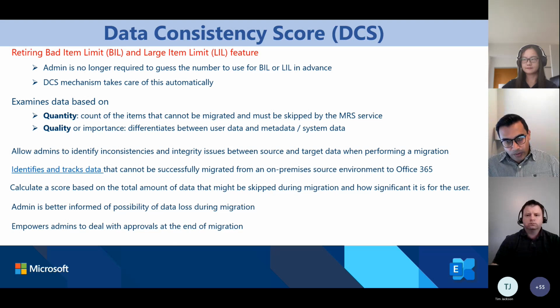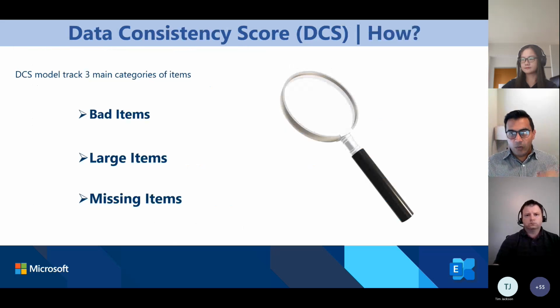Based on the score, the admin can choose: I'm okay to proceed, or I'm not okay to proceed. The admin has the ability to deal in approvals, not necessarily worry about all the arbitrary limits, which was the case for BIL and LIL. How do we do this? We look at bad items, large items, and missing items.